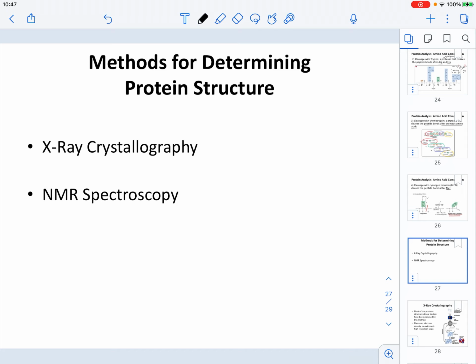The last methods that we are going to be discussing in this chapter are specifically for looking at protein structure. The first one that we're going to talk about is X-ray crystallography, followed by NMR spectroscopy.